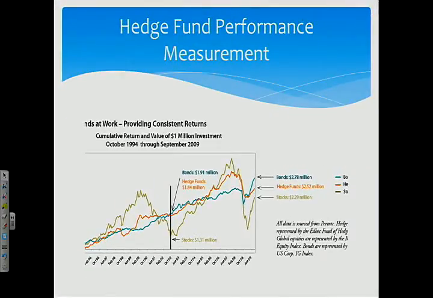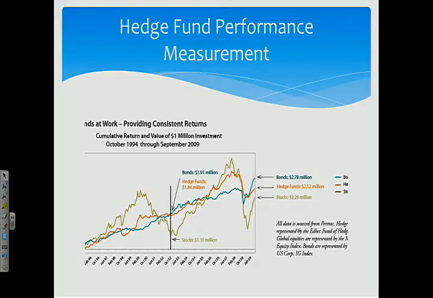Hedge fund performance measurement. Hedge funds have, for the most part, succeeded in achieving their goal and in preserving capital during bear markets. From 1990 to 2008, the industry experienced only two down years, weathering difficult periods like the Mexican peso crisis, the Asian financial crisis, the collapse of Long-Term Capital Management, the bursting of the dot-com bubble, and the collapse of the credit market in 2001-2002.